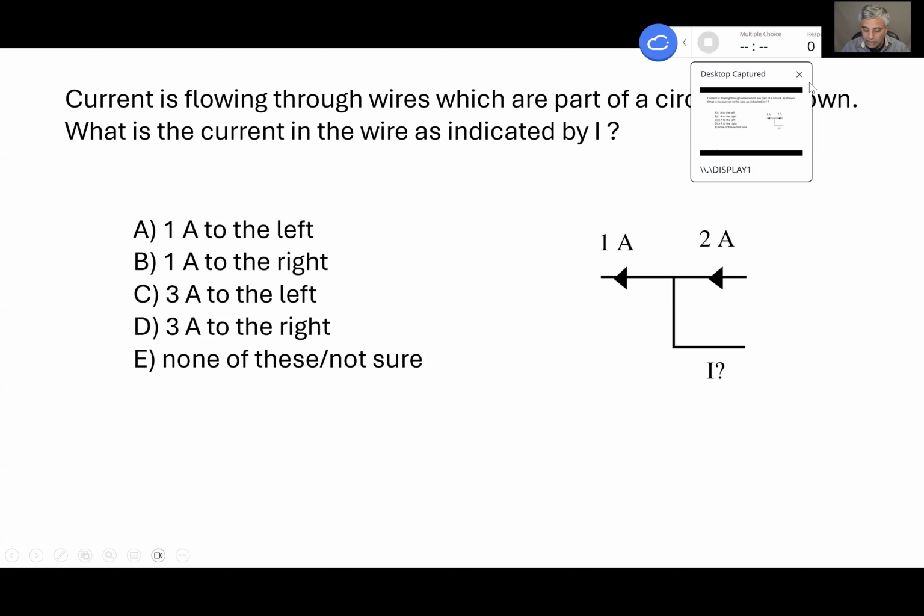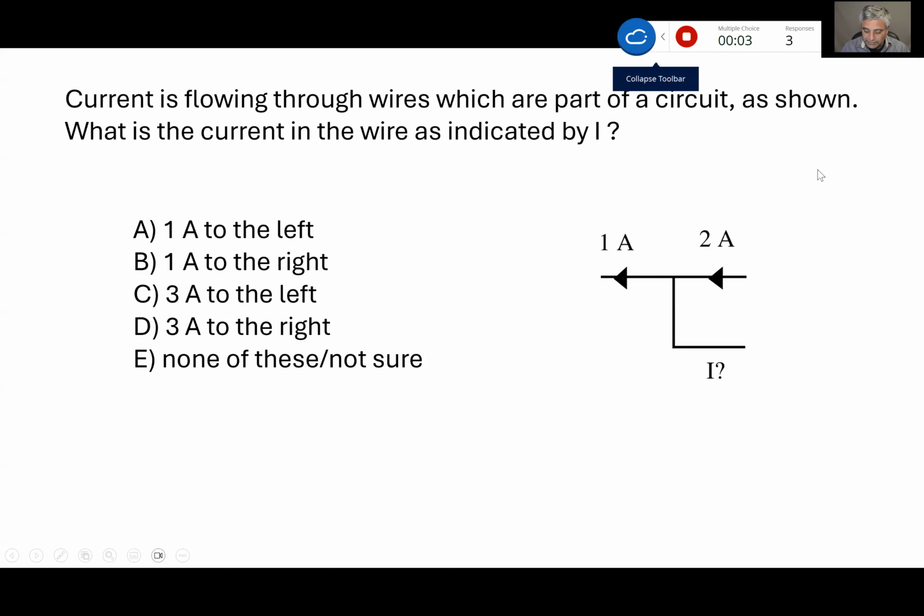Okay, here you go. And you have 1 minute and 30 seconds for this.